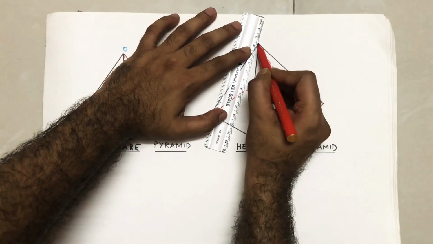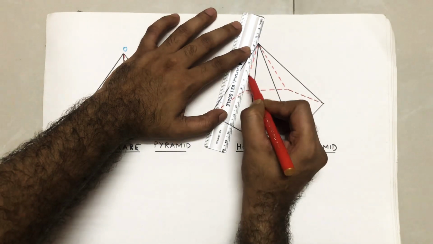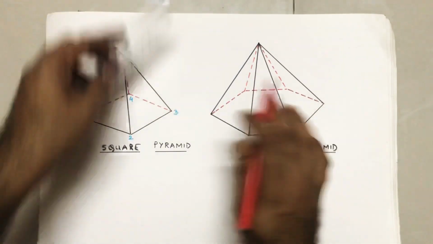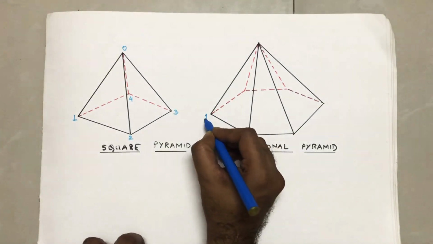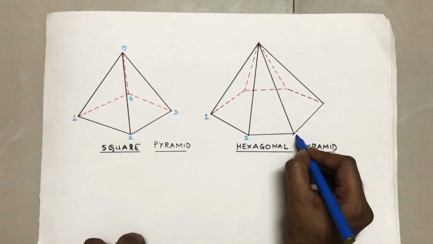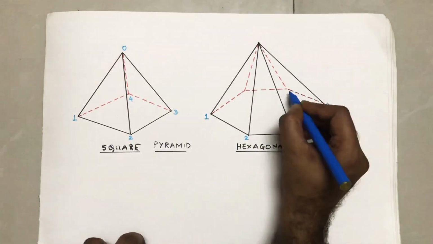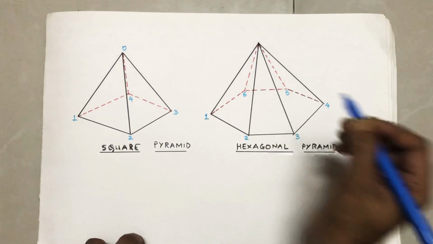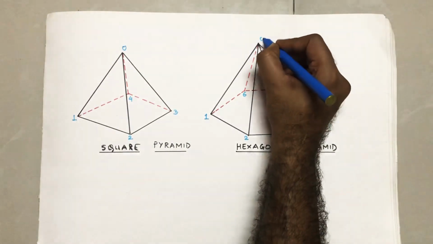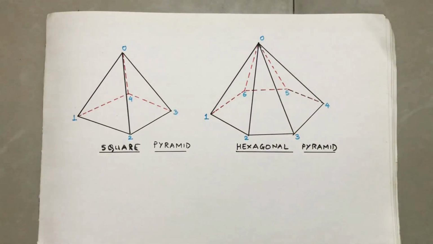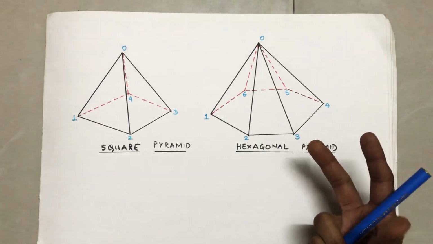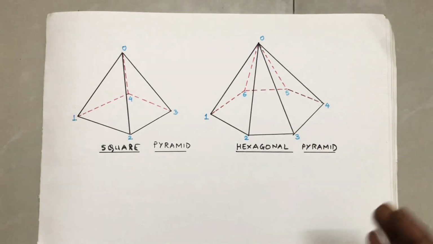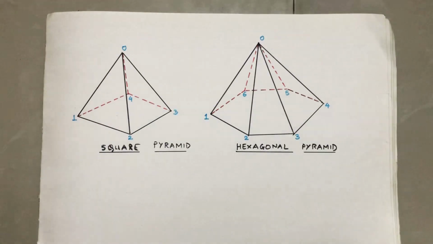Just completed it. This is your hexagonal pyramid. As we have discussed, we'll name the base by some numbers like this. This would be the apex. So if you see, any pyramid would be named by the shape of its base. So if you talk about a pentagonal pyramid, the base is going to be a pentagon. We'll talk about this as we solve some more problems on this.